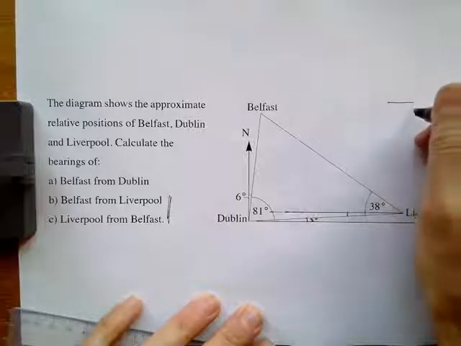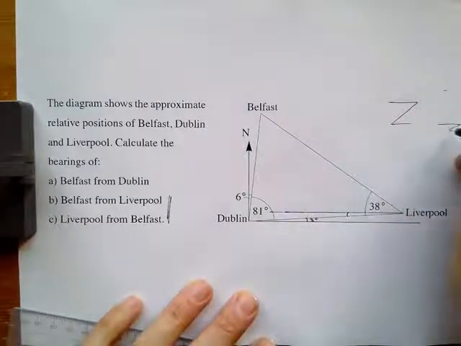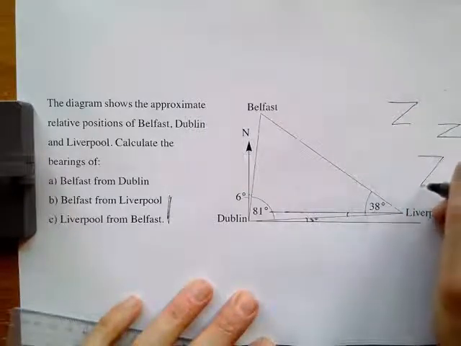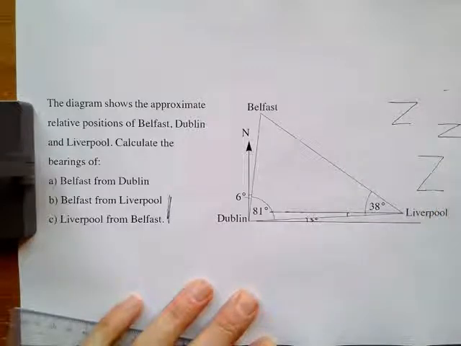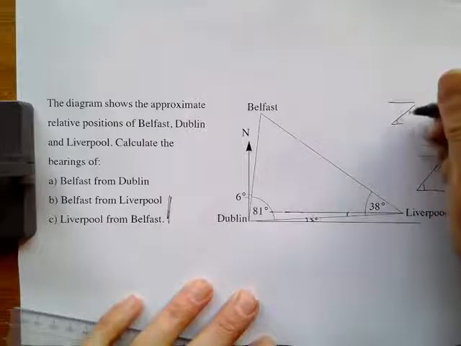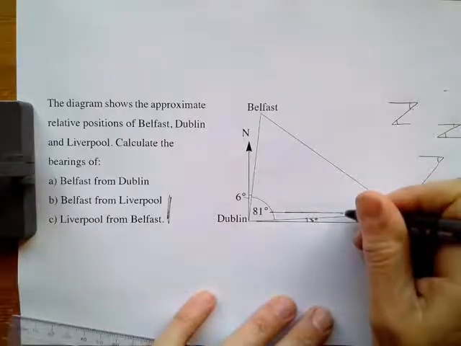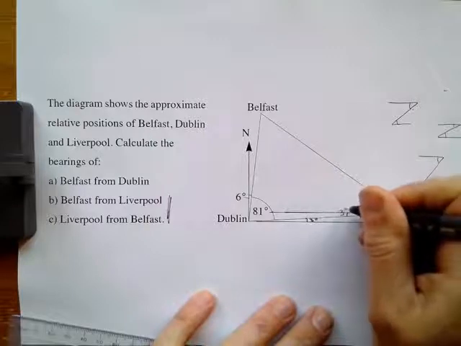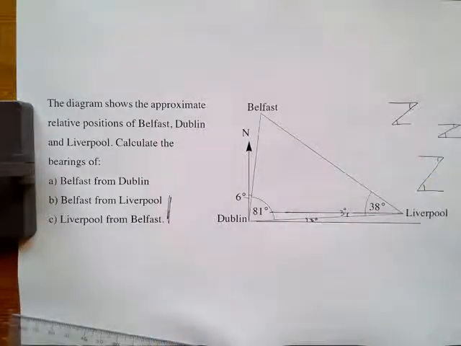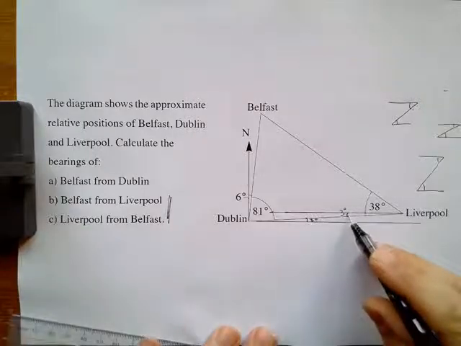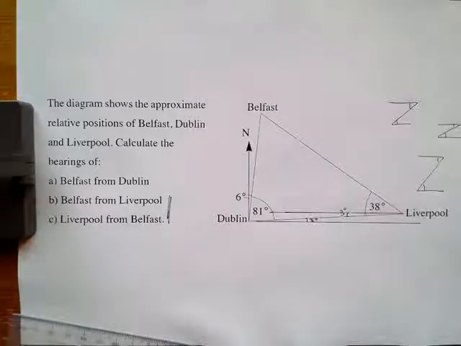You can see if you draw it at different Zs, some squashed ones, some really long ones, doesn't really matter, then these two angles here are always the same. They're called alternate angles, which I think I mentioned in the video that you watched earlier in the week. So that's 3 degrees.